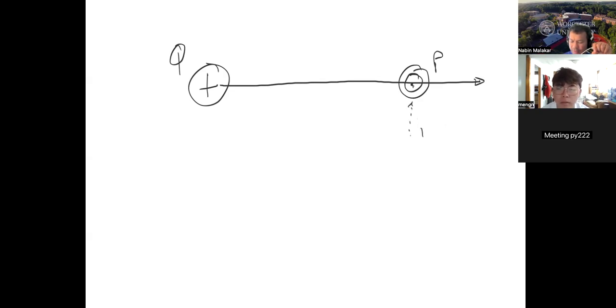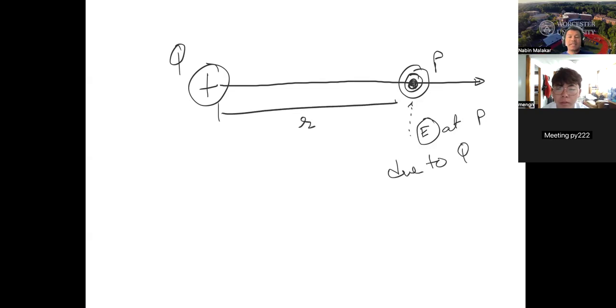You're calculating E at point P due to the charge Q, and this is the distance R. It's like standing near a hot oven, and how far you are determines how much heat you feel. If you are at a barbecue, the heat you receive depends on the distance. That's what you're doing: what is the electric field at that point because of the charge, and that distance is R squared.